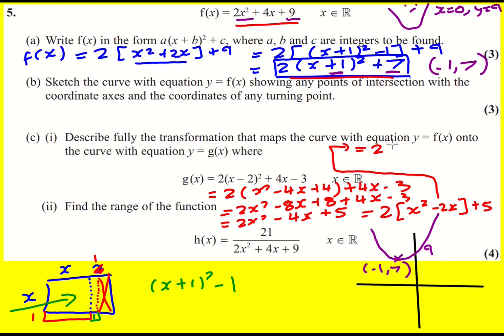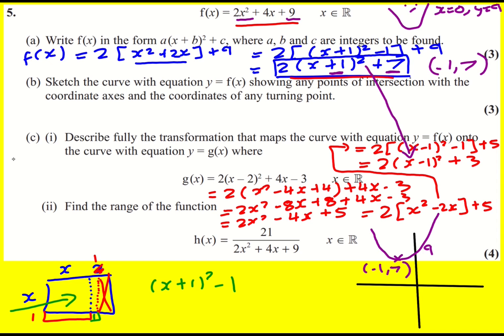And 2 times x minus 1 squared, minus 1, plus 5, giving me 2 times x minus 1 squared, minus 2, plus 5, so plus 3. So I've managed to turn it into something that's now in completed square form, and it's going to be much easier to see how to go from here to here.